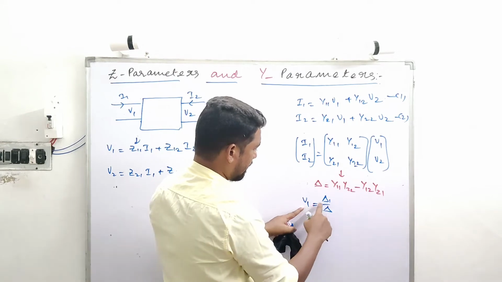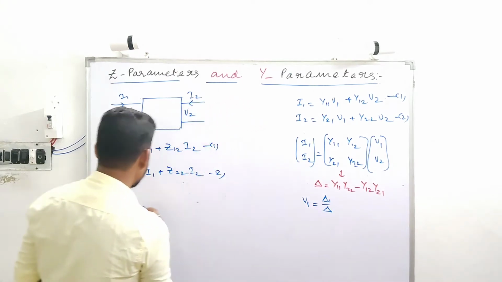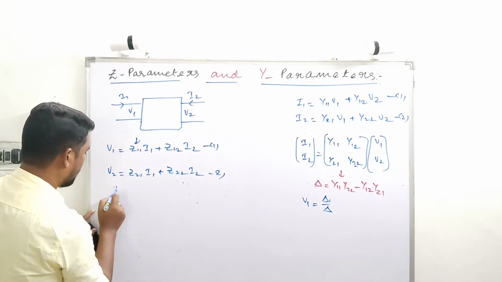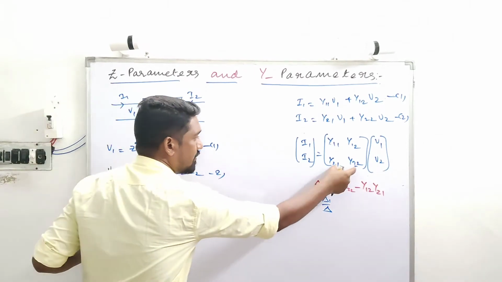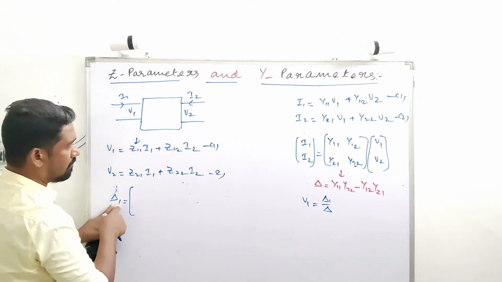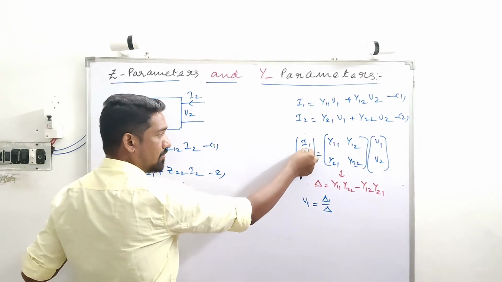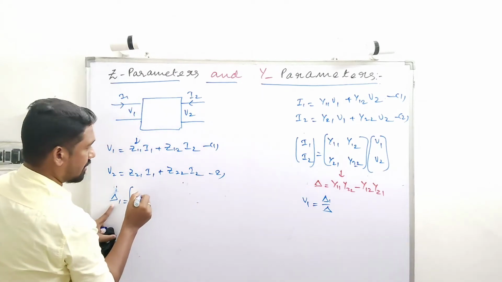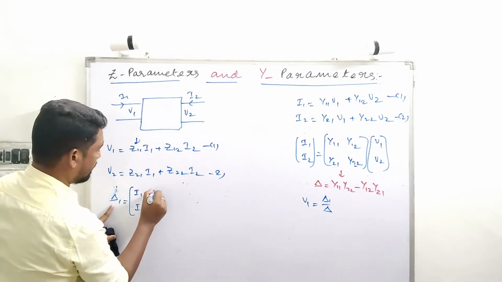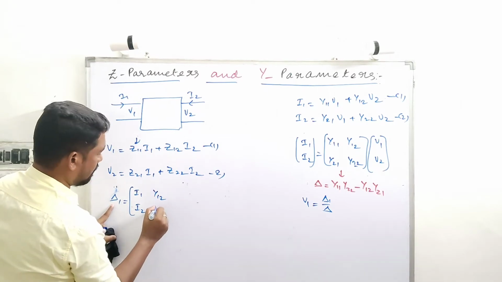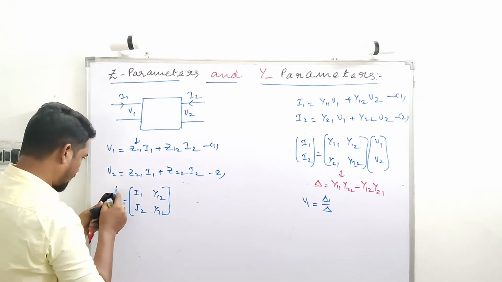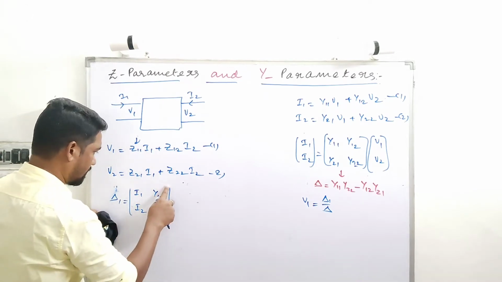So how do we find del 1? According to Cramer's rule, del 1 is given as the determinant of this matrix, where I1 and I2 are plugged in the first column, and Y12, Y22 stay as they are.